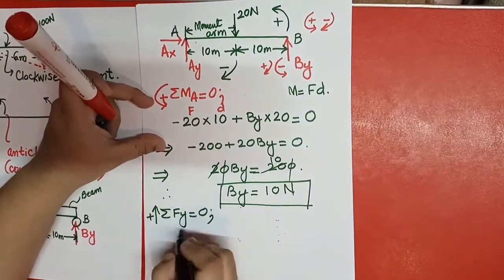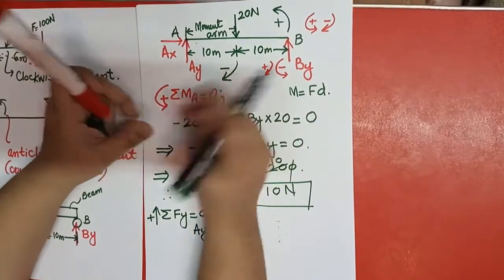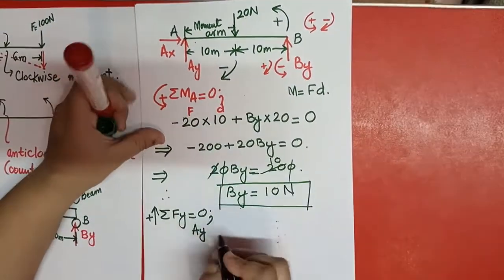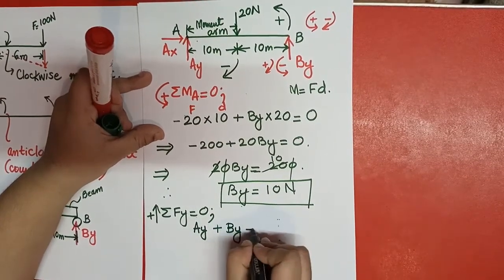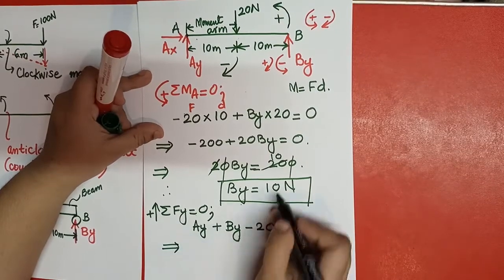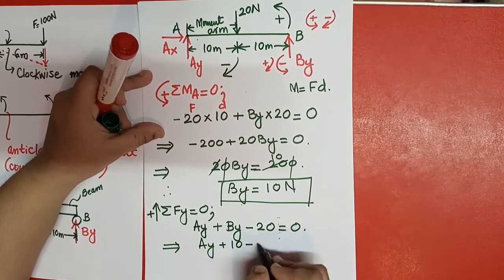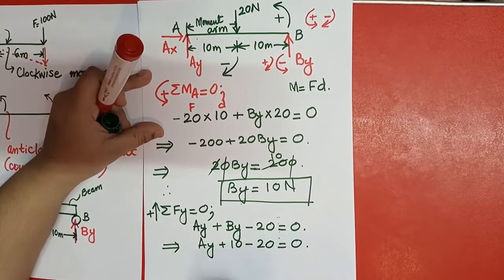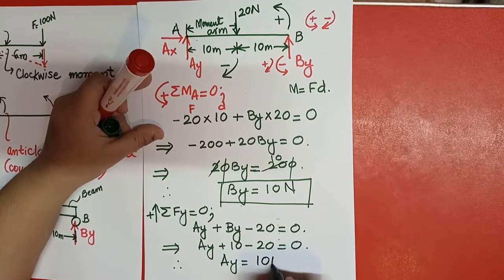So I sum up all the vertical forces acting on the beam: Ay plus By minus 20 equals 0. I put the value of By as 10, so Ay plus 10 minus 20 equals 0. Therefore, Ay is equal to 10 Newton.